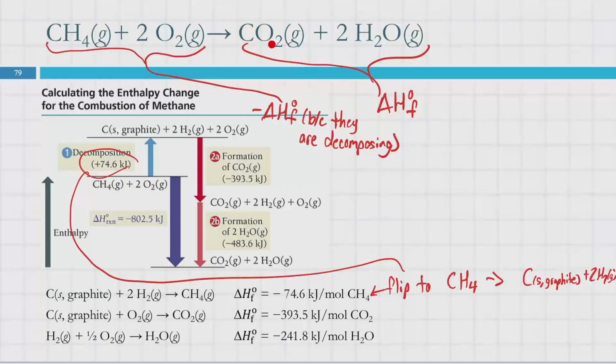We also have our products being formed. So our CO2 is being formed. We've got a coefficient of 1, so we're just adding one equivalent of the delta H. So this is negative 393.5 kilojoules per mole.